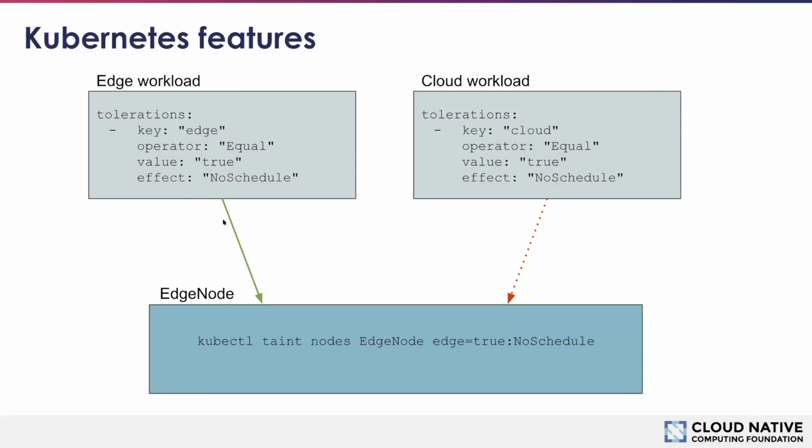This is just one example, and we'll talk about taints and tolerations a little bit more in this workload session. I thought it would be useful to share it here up front to give a bit more context on how that can be used to schedule workloads on the edge nodes.